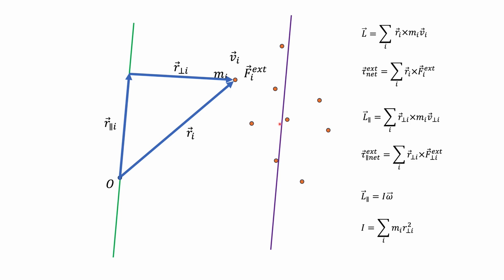The only requirement is that the axis going through the center of mass is parallel to our axis of rotation. And if it is, and the distance between those two axes is L, the moment of inertia with respect to our green axis of rotation equals the moment of inertia with respect to the center of mass plus the mass of the whole system, we add all these points together, times the distance between the axes squared.